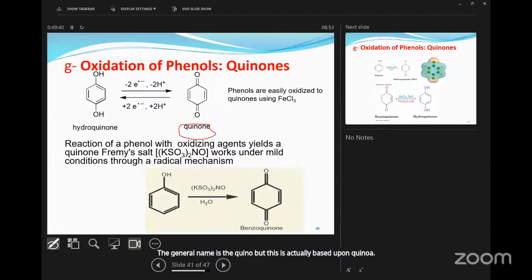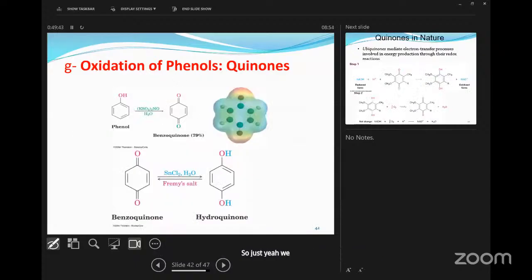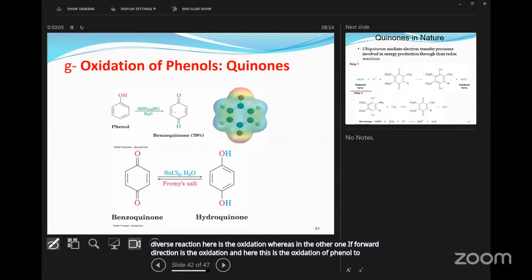Here we have it upside down. It's just the same thing. So benzoquinone to hydroquinone, and hydroquinone to benzoquinone. It's just the loss of protons here, and then you have the oxidation. So the reverse reaction here is the oxidation, whereas in the other one, the forward reaction is the oxidation. And here, this is the oxidation of phenol to give the benzoquinone in very good yield.